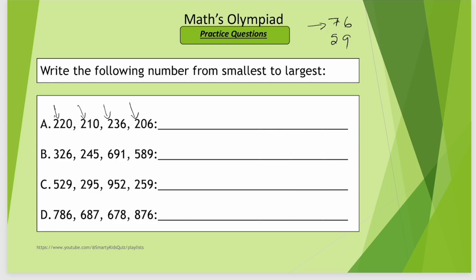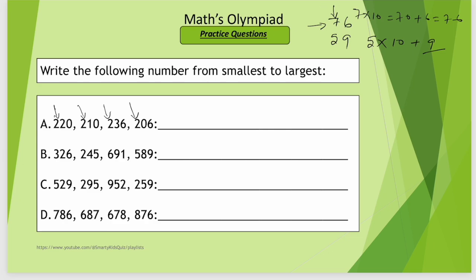Because at the tens place you have 7. So 7 into 10 is equal to 70, plus 6 is equal to 76. You multiply by 10. Now here at the tens place you have 5 into 10, so it's only 50 plus 9, 59. So if the hundreds place numbers are all the same, then we have to go to the tens places.